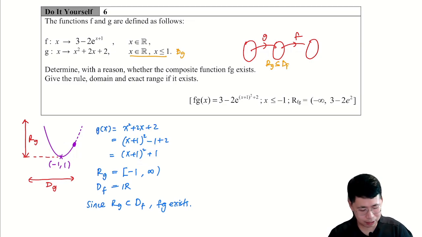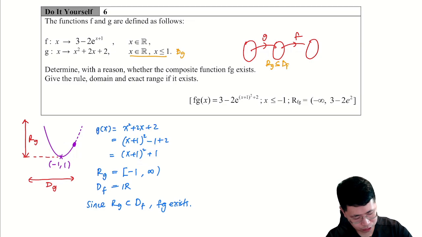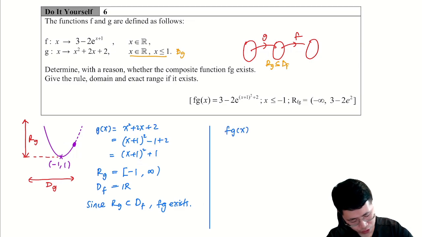Now, how do we find the rule, the domain, and the exact range if it exists? We are looking for fg of x, so it is f of this expression over here, x squared plus 2x plus 2. Then f is 3 minus 2e to the power of x plus 1.